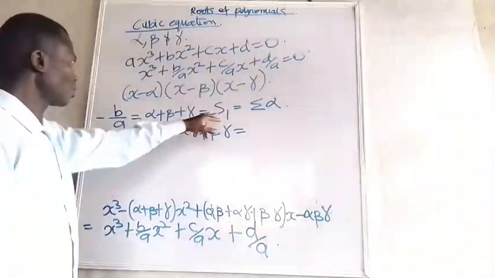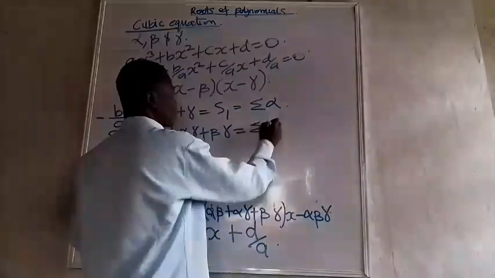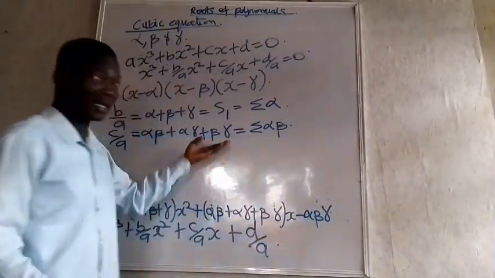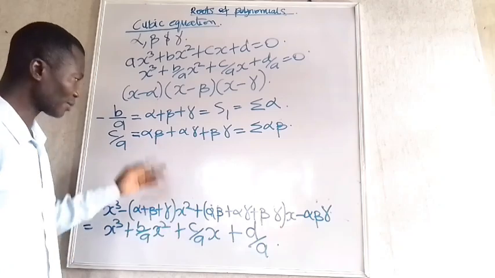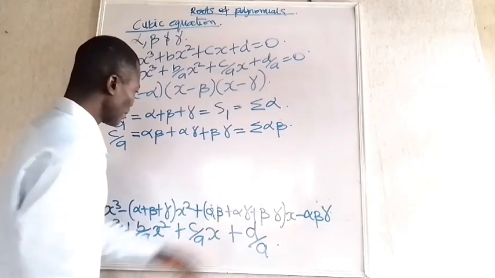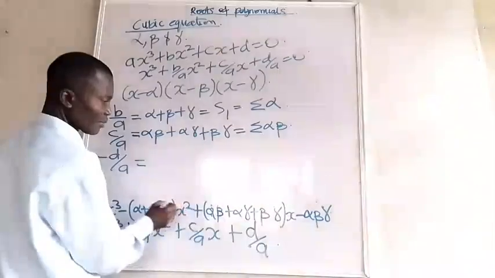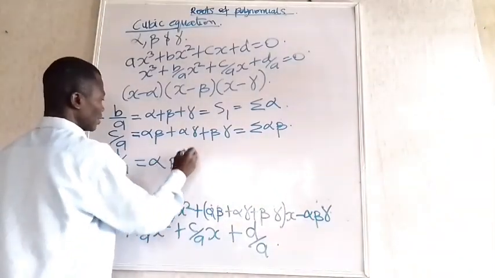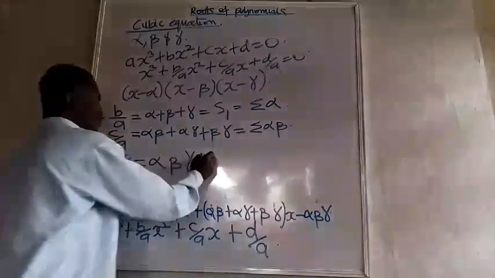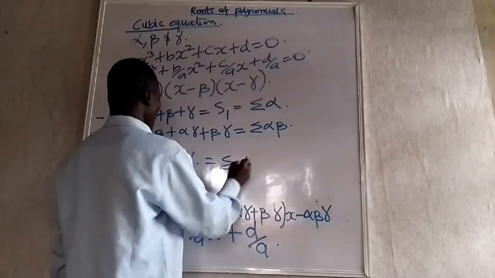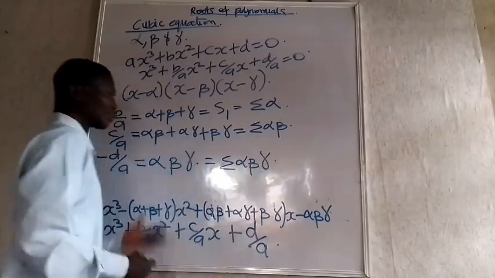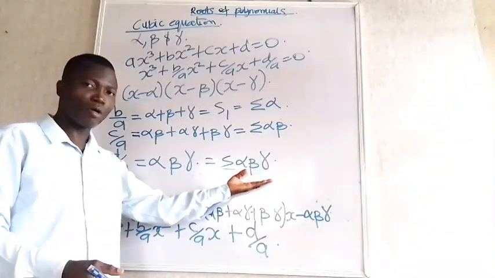In this place, we don't have S for it. It's going to be summation alpha beta. You can see the necessity of having that notation that was introduced. Now, look at this. We have minus d over a will be equal to alpha beta gamma. So this is summation alpha beta gamma. As the power increases, you'll be seeing more of this.